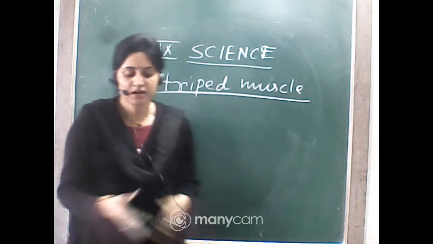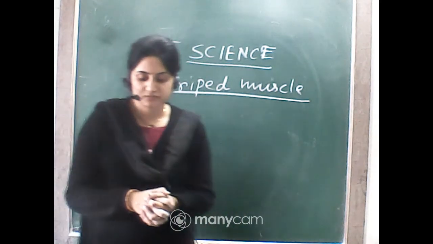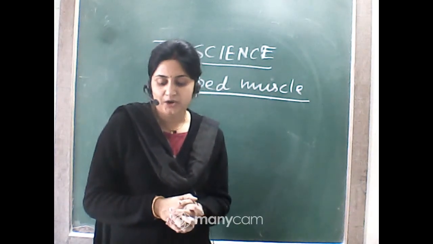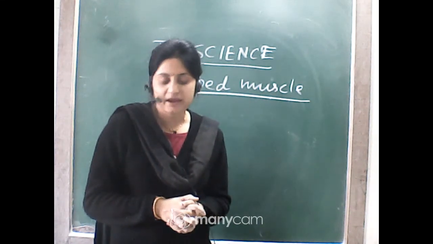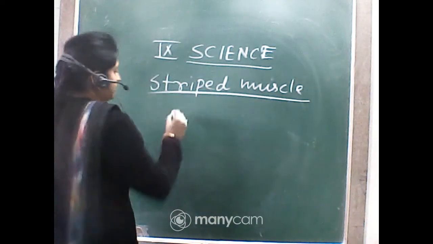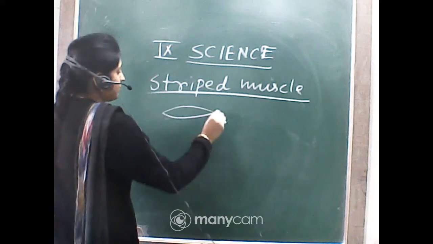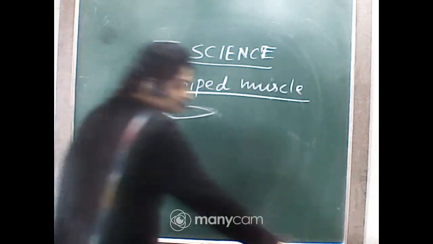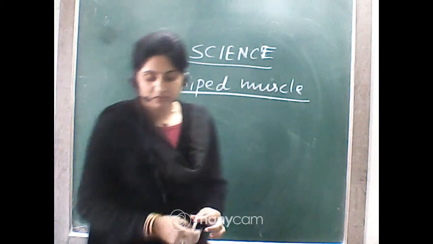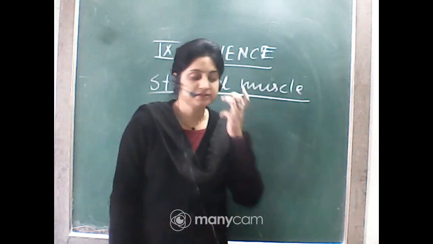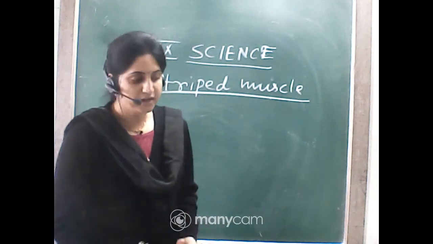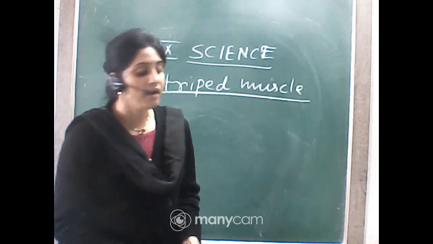Okay, striped muscles are long, cylindrical, non-tapering. Tapering means both ends are joined, this is the tapering. Non-tapering. So striped muscles are long, cylindrical, non-tapering and unbranched.